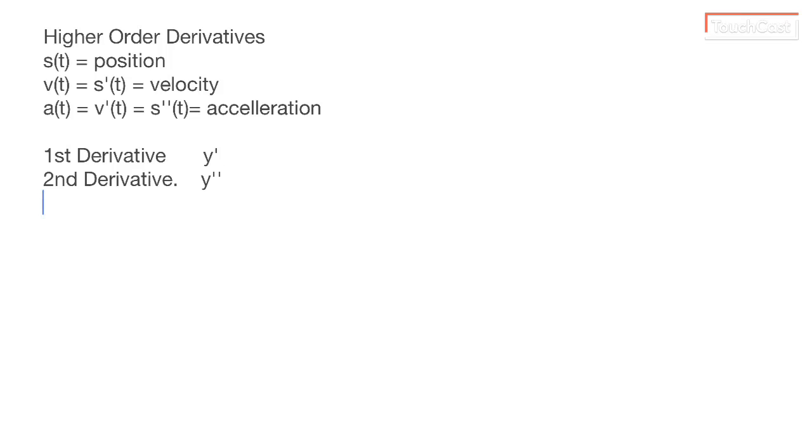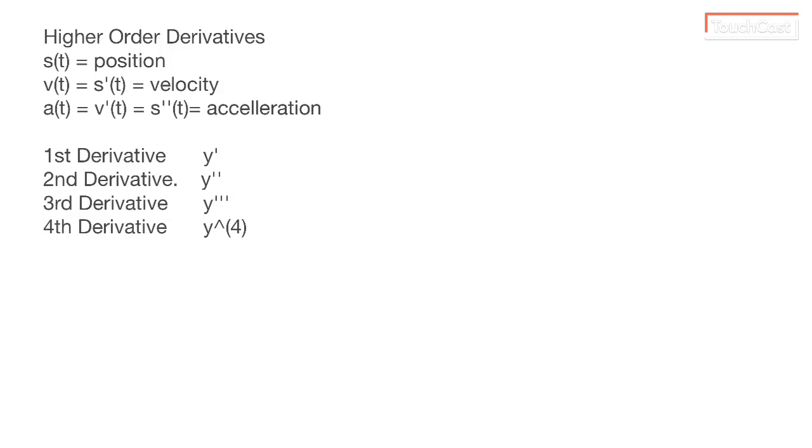We can have third derivatives, which we write as y triple prime. We can have fourth derivatives, which we write as y. Now, we don't write it as 4 primes, we write it as a power, but then in parentheses we write a 4.